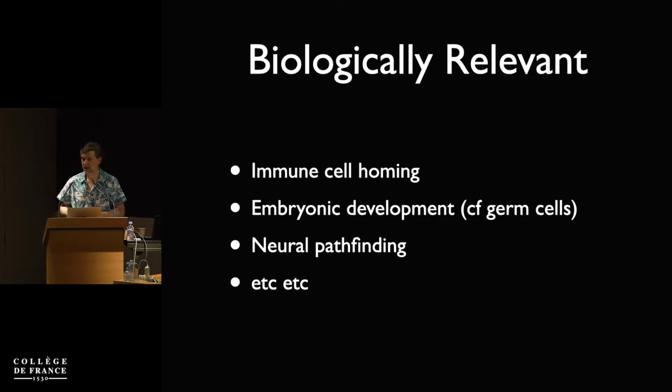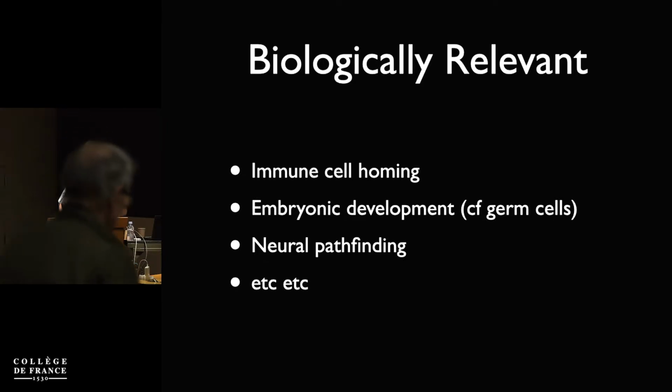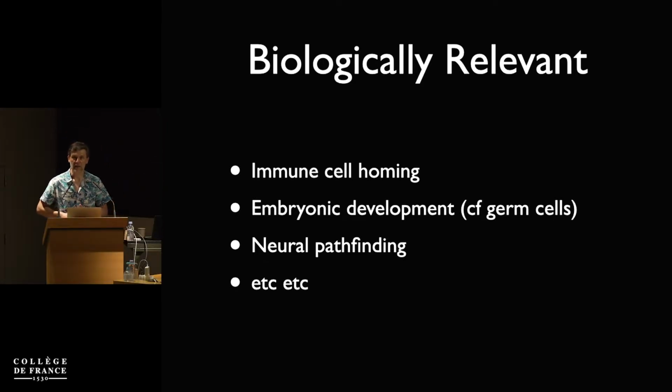But if you have a complex system, a self-generated system, then that gives you much more scope, etc., etc., etc. Basically, we now think whenever you see chemotaxis occurring, it is much more likely to be self-generated chemotaxis than it is imposed by someone else giving you the gradient.